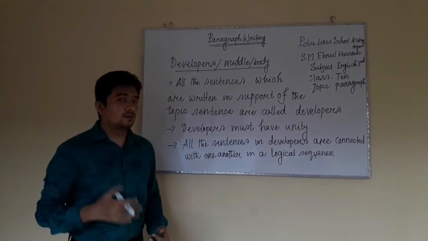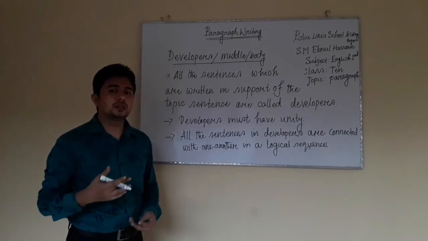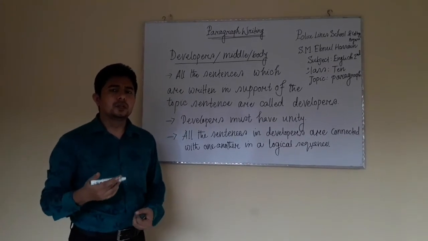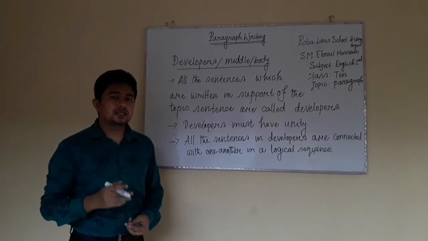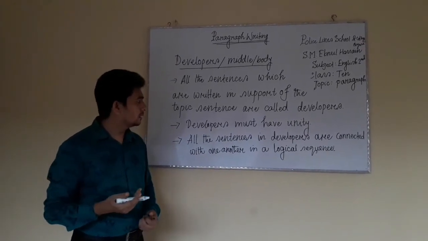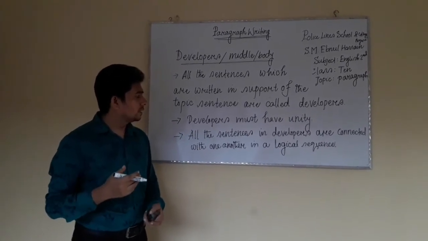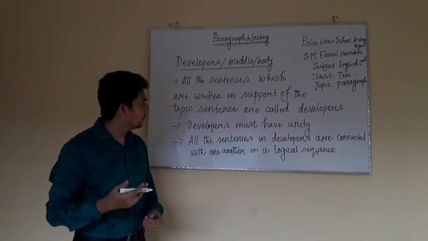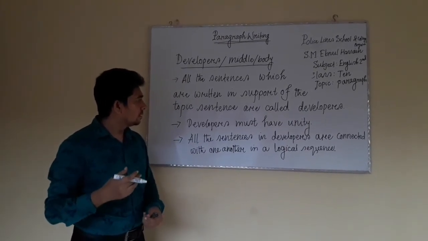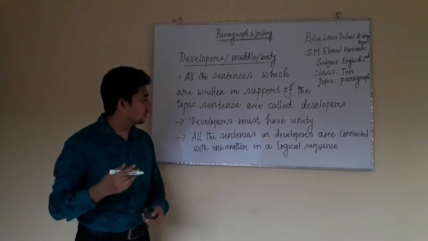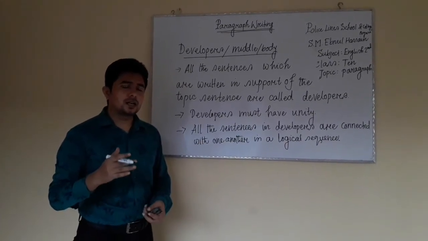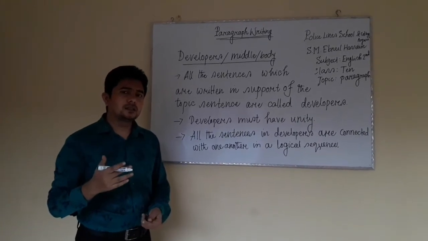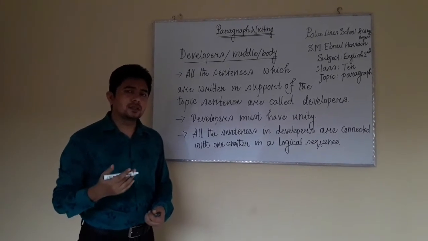So when you are going to write the middle of the paragraph, the first thing you should think of is that the developers must have unity, and all the sentences in the developers are connected with one another in a logical sequence.